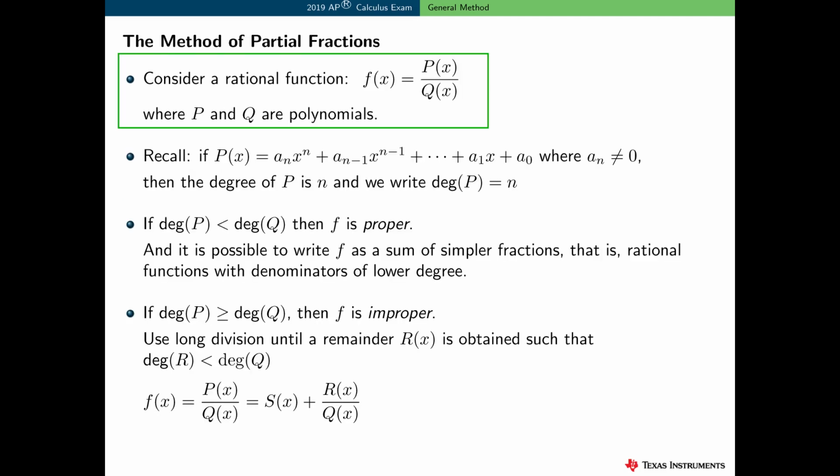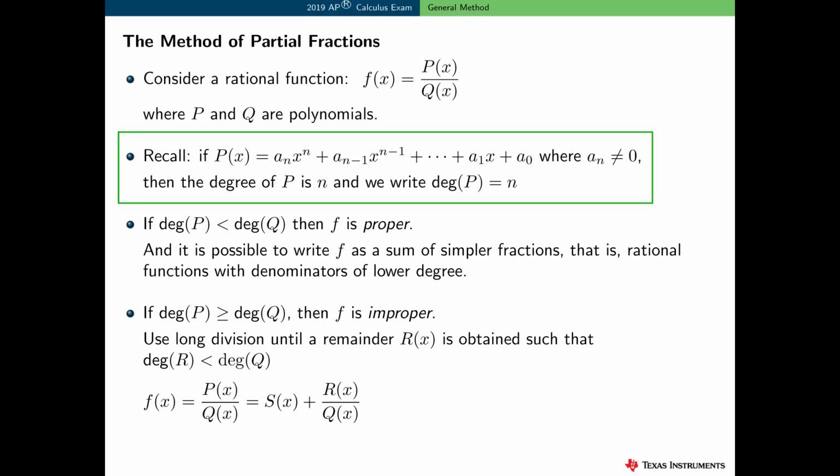To understand the method of partial fractions in general, let's consider a rational function. Here, f of x is equal to p of x divided by q of x, where p and q are polynomials. First, remember that if we have a polynomial p in this form, where a sub n is not equal to 0, then the degree of p is n.